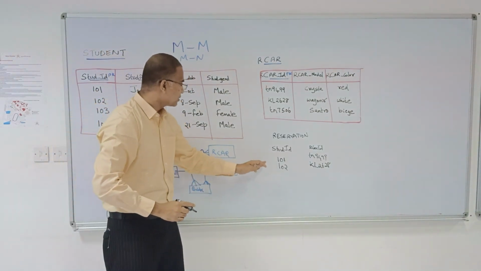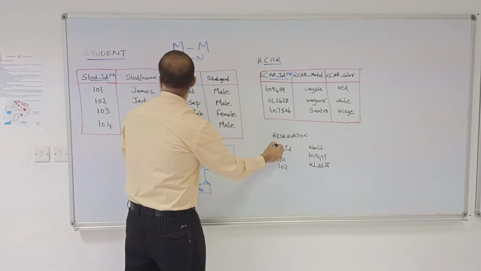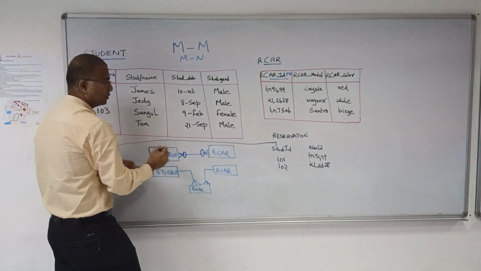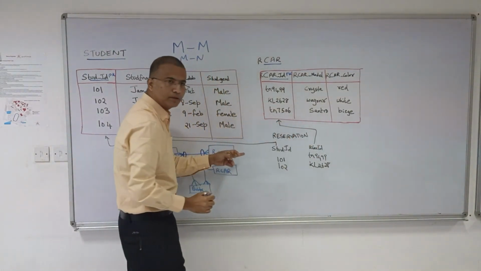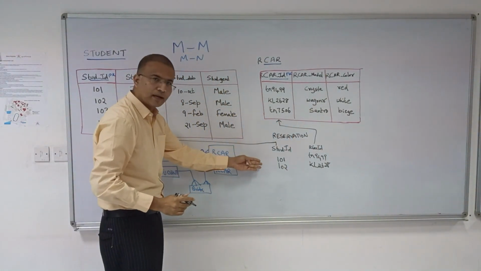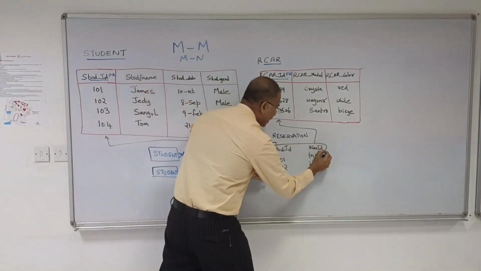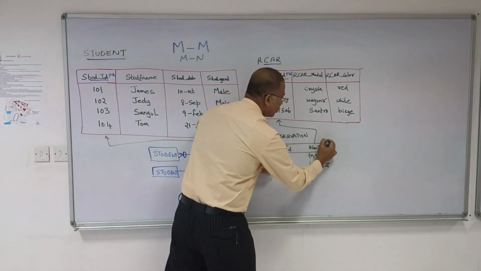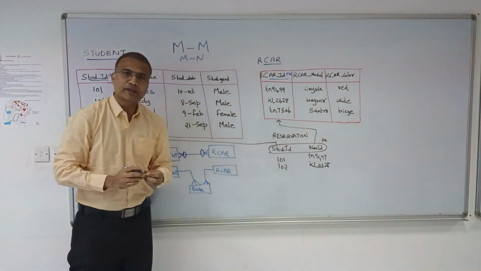So in this case, this student ID is the foreign key as it refers here. This R car ID is the foreign key as it refers here. And since it doesn't have a standalone primary key, you combine these to have the primary foreign key. Okay. So this is a composite primary key, and individually they are also foreign keys.